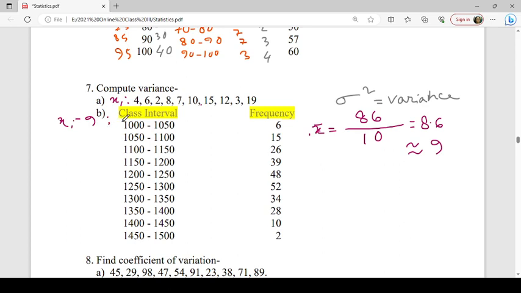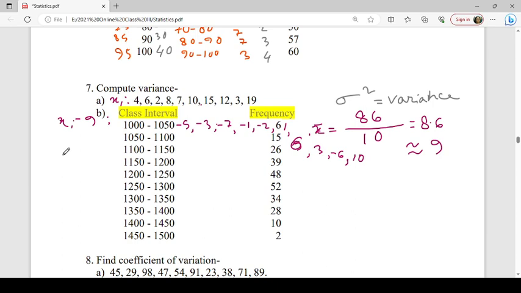So our values are 4 minus 9, it is minus 5, then 6 minus 9 is minus 3, then 2 minus 9 is minus 7, then 8 minus 9 is minus 1, then 7 minus 9 is minus 2, 10 minus 9 it is 1, then 15 minus 9 it is 6, then 12 minus 9 is 3, 3 minus 9 is minus 6, and 19 minus 9 it is 10.